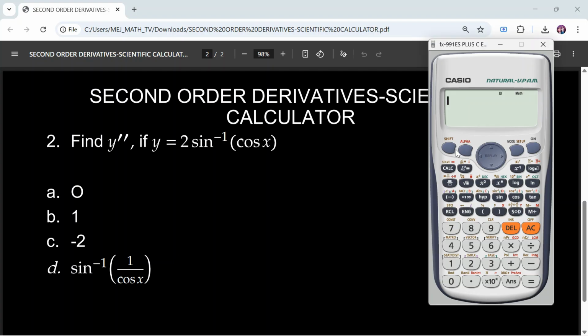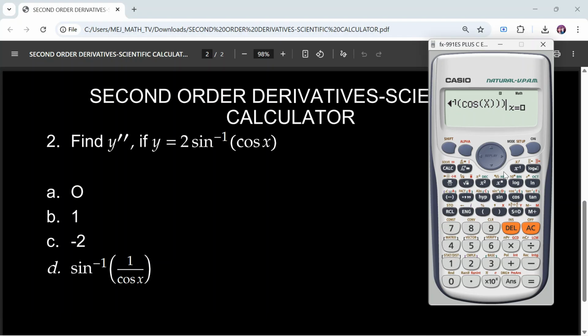Alright, so then we want to start differentiating. So we are going to press shift and then dy dx. And so this is it. We are going to have 2 sine inverse, that is shift sine, and we are having cos of x, so cos of alpha x. And then we close it and then close the sine inverse function.